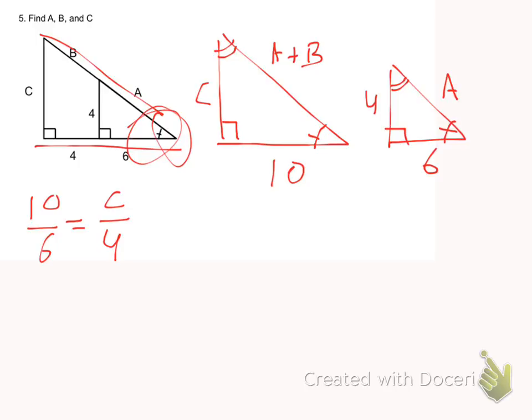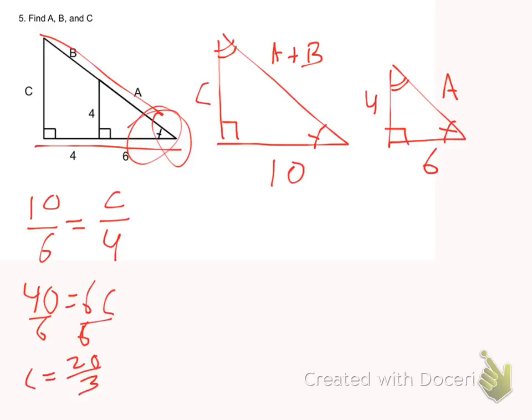Yeah. I think so. So let's do that. Would that be 40 equals 6C? Or divide by 6. C is equal to 20 over 3, because I divide the top and bottom by 2. So we got C. That's awesome.